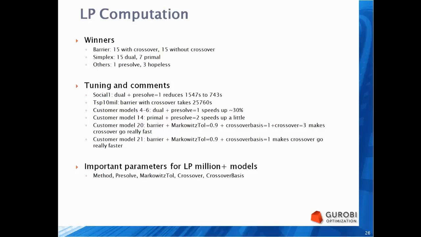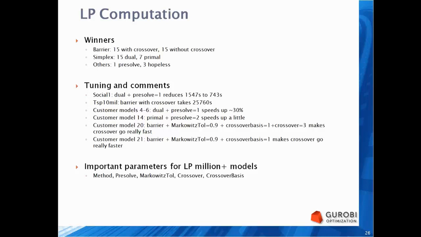It's really difficult. For custom models 4 to 6, it's similar to the social one. You need to use dual simplex and reduce the presolve, and you can speed up. But for custom model 14, you need to be aggressive on presolve.